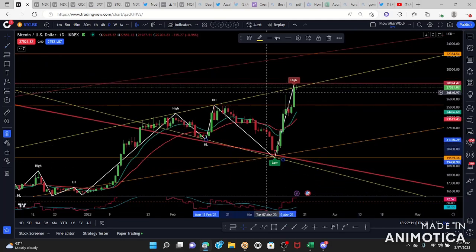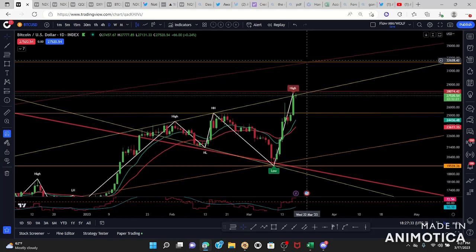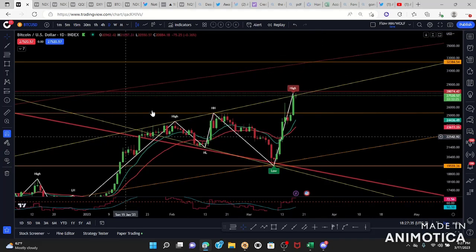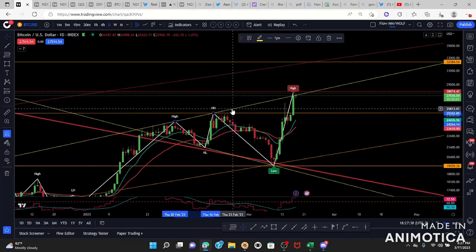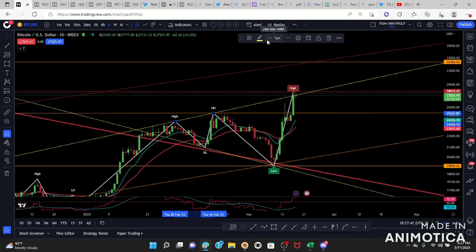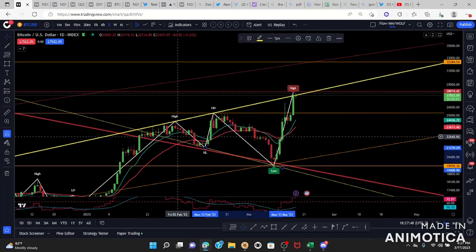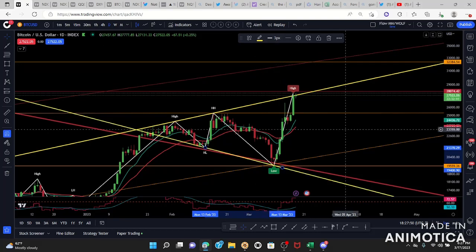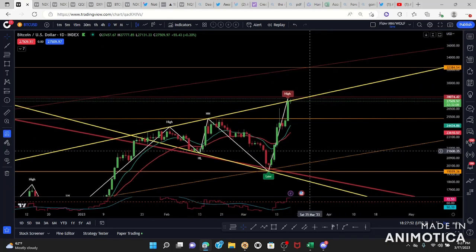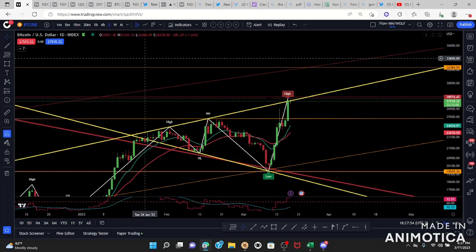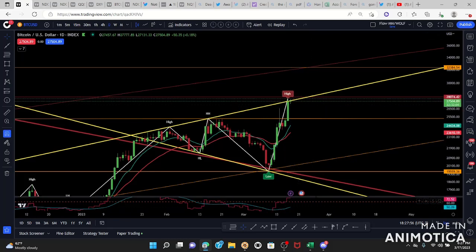So if we break this to the upside, our target's gonna be 32. Okay. Let me go ahead and highlight it. Right. So it could definitely just bounce right back.